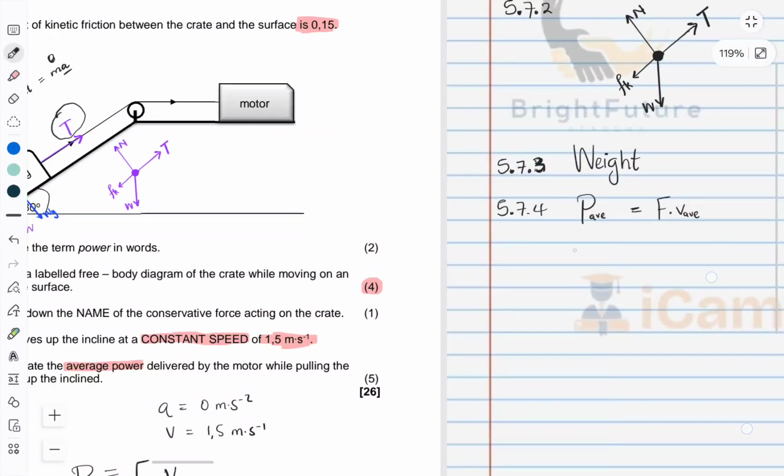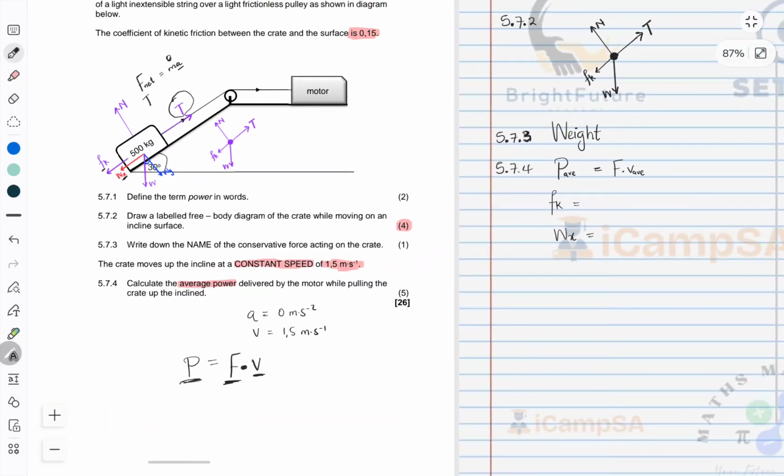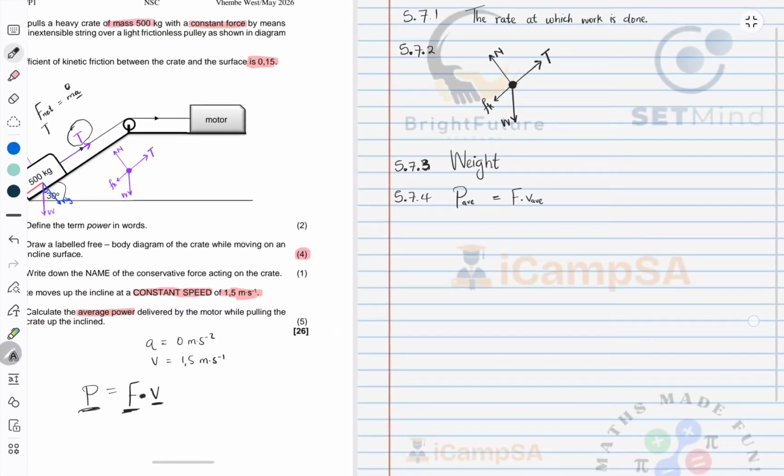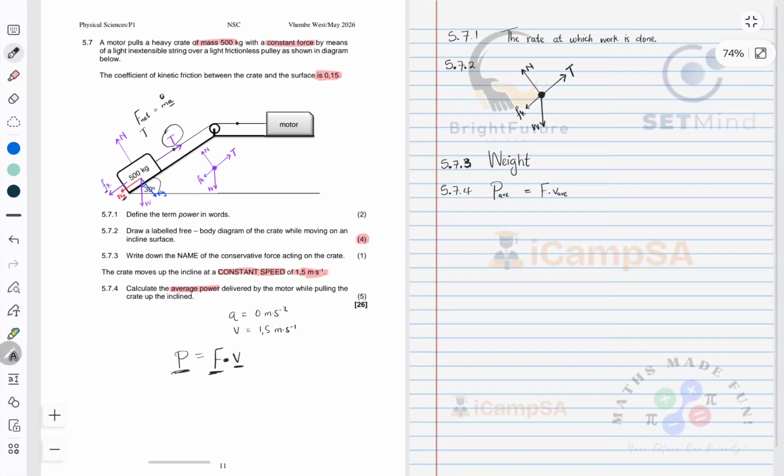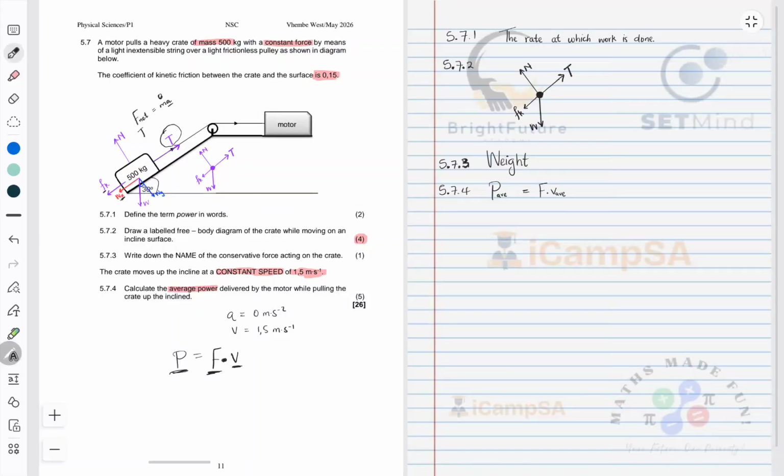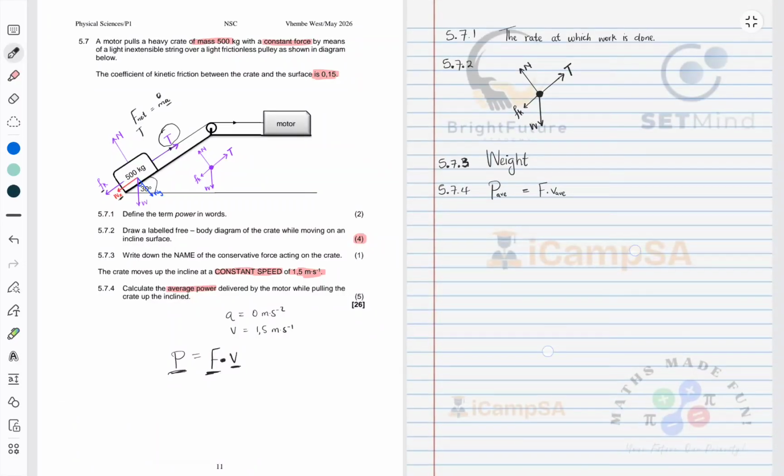So they'd first calculate Fk and then calculate the parallel component of the weight, and then from there they use Newton's second law to find T. You can either do it like that or simply substitute in the formula. So for the sake of making sure that everybody understands, we'll do it step by step. We will break it down. So let's start by finding Fk.